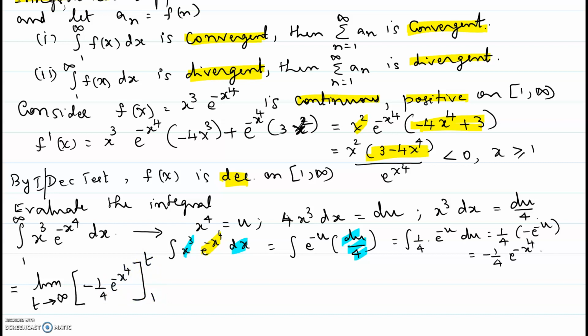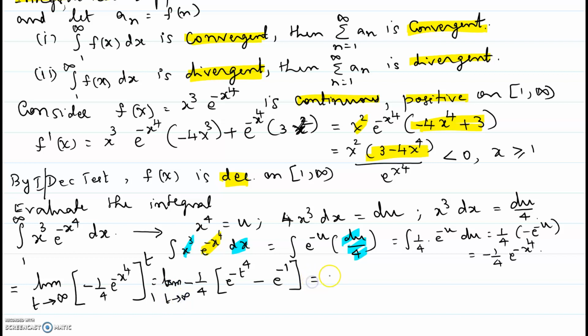We cannot just plug in infinity like that, because it's an improper integral. So it is negative 1/4 outside. Now we plug in t, the upper limit, which is e to the negative t to the power 4, minus e to the negative 1 to the power of 4, which is e to the negative 1. And keep in mind we are allowing t to approach infinity.